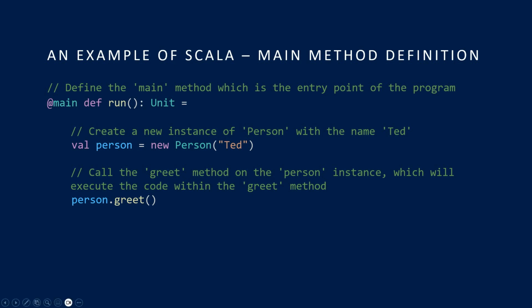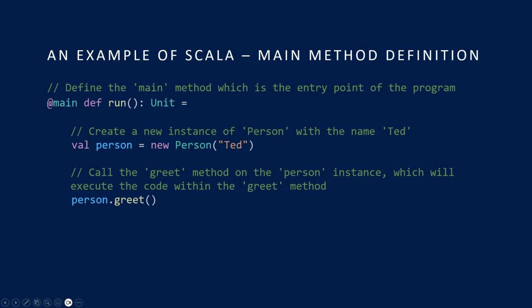Again, we're not really returning anything here. We're just sort of executing some code. So we're going to create a new instance of Person, which we've previously defined as our class, and we're passing through this name Ted.